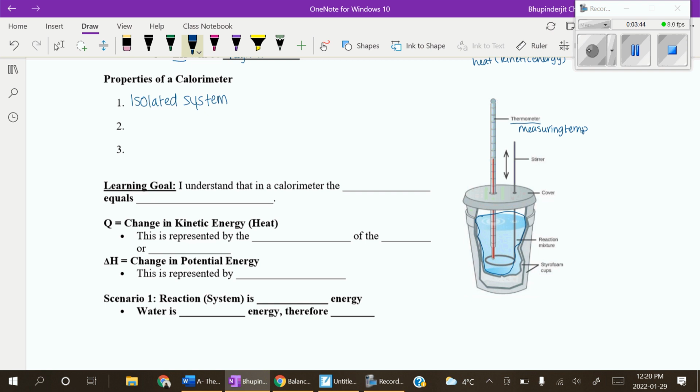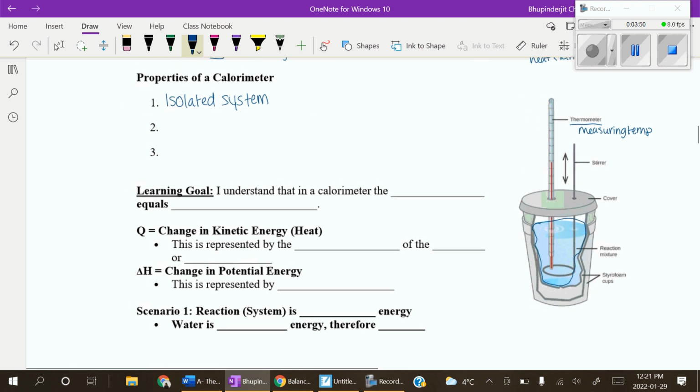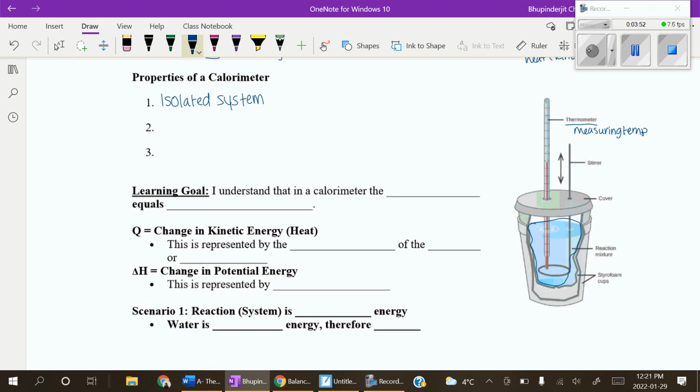The better the isolated system is, the less experimental error we will have. The next one is that the reaction takes place in a solution.